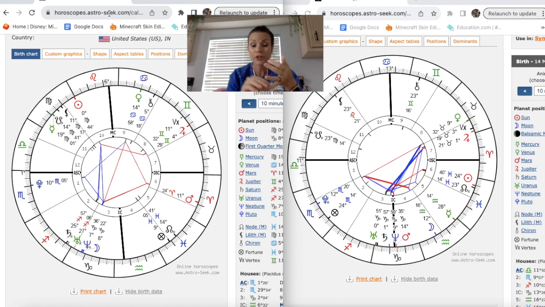We do have Uranus, Neptune, and Pluto, and they have their own skills and sets that they bring to the table. However, those are generational, and unless they are connected to personal planets, kind of like with Saturn, like what I was talking about, if they're making any kind of aspect with a sun, moon, or rising sign, or if they're conjunct with a Mercury or Venus, like if they're doing anything like that, then they're a big deal.